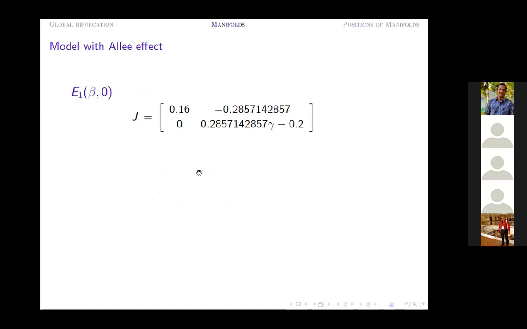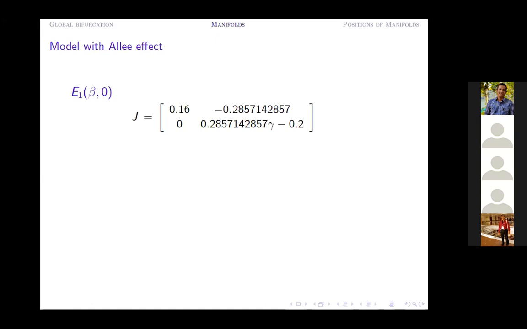So for that purpose, mainly we need to plot 2 manifolds of 2 axial equilibrium points. One of them is beta 0, another one is 10. So for E1 beta 0, if you calculate the Jacobian matrix in terms of gamma, why is this in terms of gamma? You can recall that previously I mentioned that alpha, beta, delta are fixed.